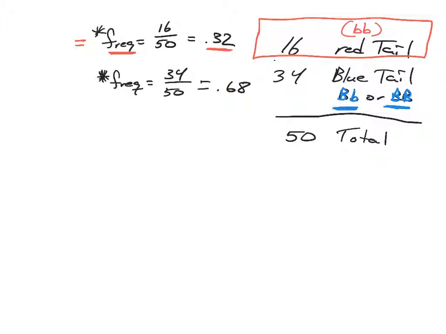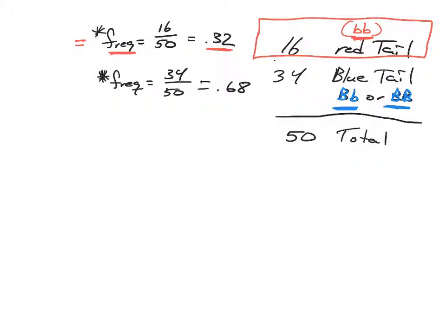It's not the frequency of the red allele. It's the frequency of the red tail, which means the homozygous recessive.